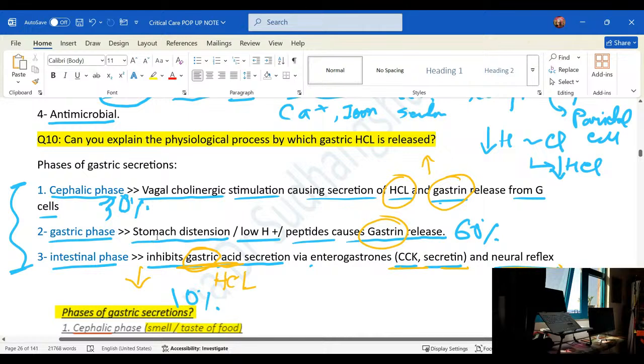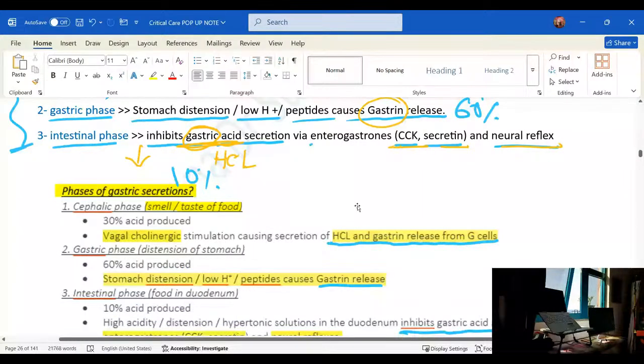It causes secretion of ACh and gastrin release from the G cell.